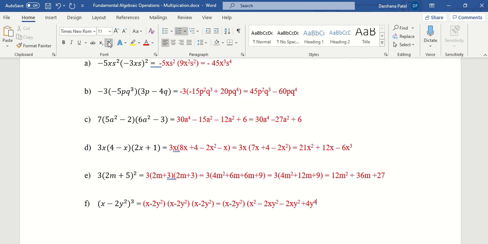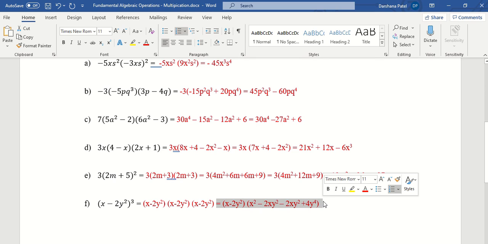Now the middle two terms here can be simplified further. Minus 2xy square minus 2xy square will simplify to minus 4xy square.